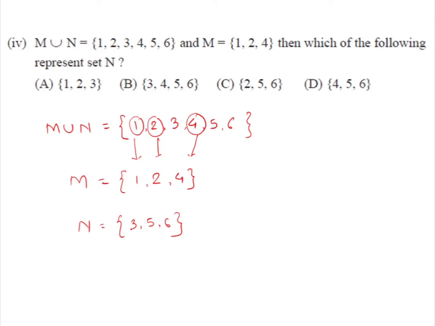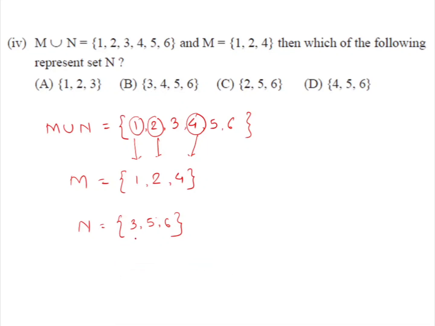Now to choose the correct alternative, we have to check which of these alternatives represents set N. In the first alternative, the elements are 1, 2 and 3. But here 5 and 6 are also elements in set N which are not represented in the set at alternative A. So that cannot be a correct alternative. Now we'll check the second alternative B. Now there are 4 elements in it, 3, 4, 5 and 6.